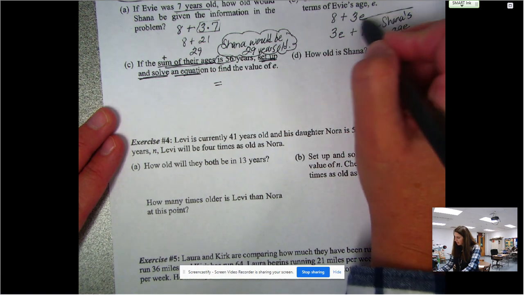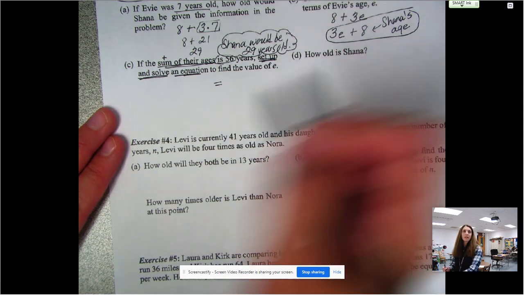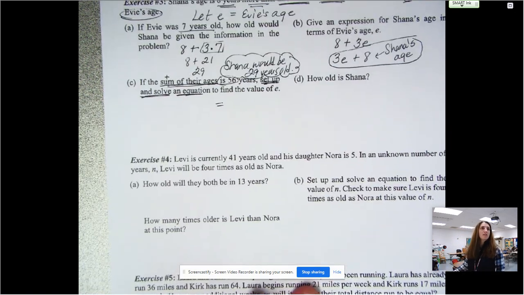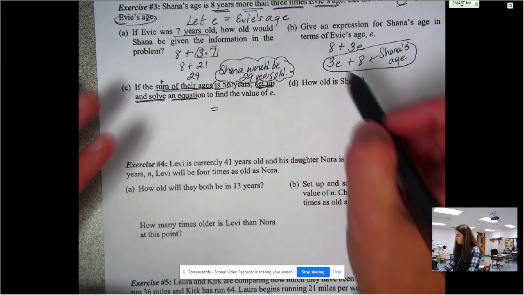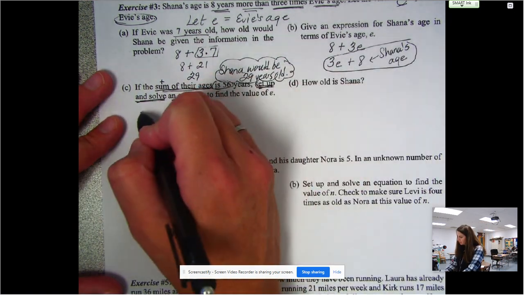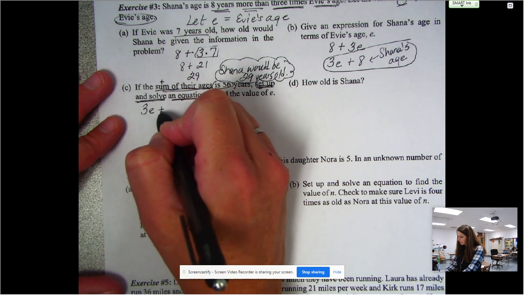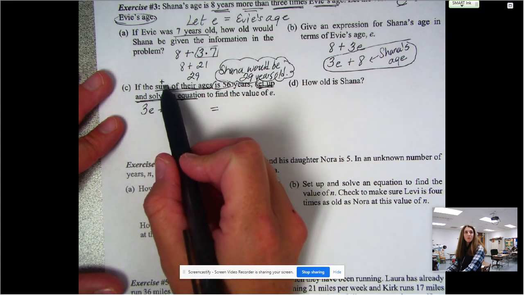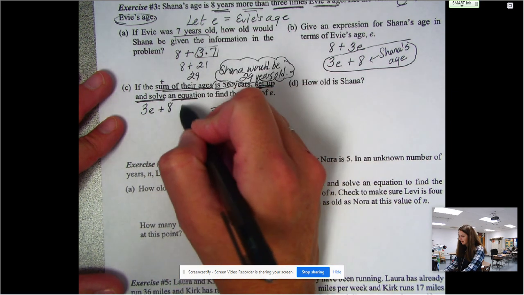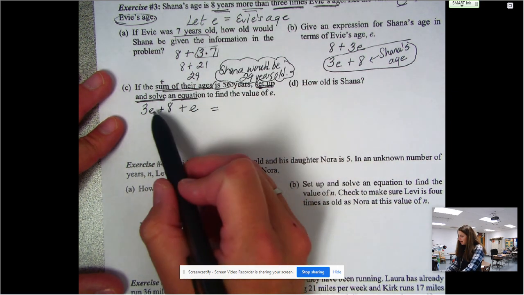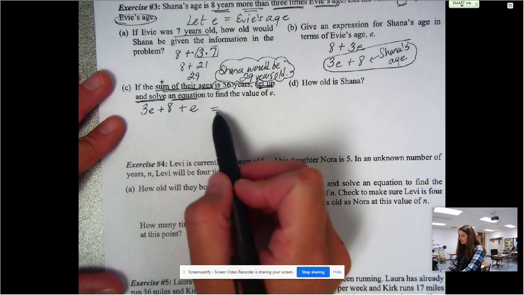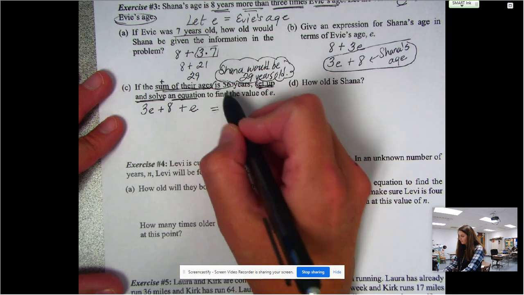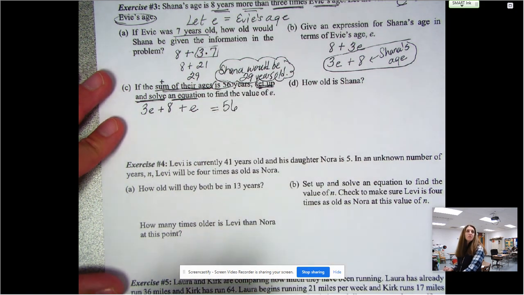So when we had our let E equal Evie's age, Shauna's age is this expression here. So we're going to take Shauna's age, 3E plus 8, and we're going to add it. We're going to find the sum of that and Evie's. We're going to add it to Evie's age. And it says the sum is, there's your equal sign, is 56 years old. We'll make that equal to 56.